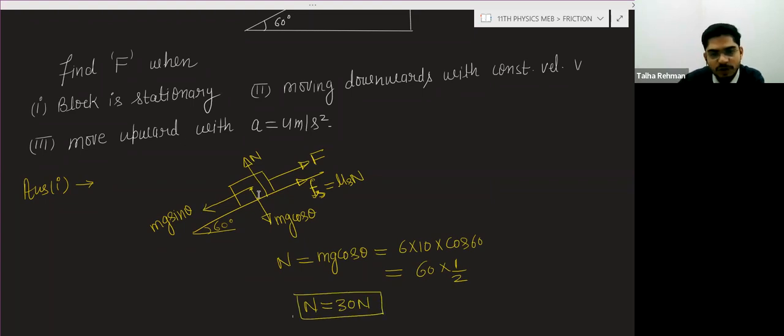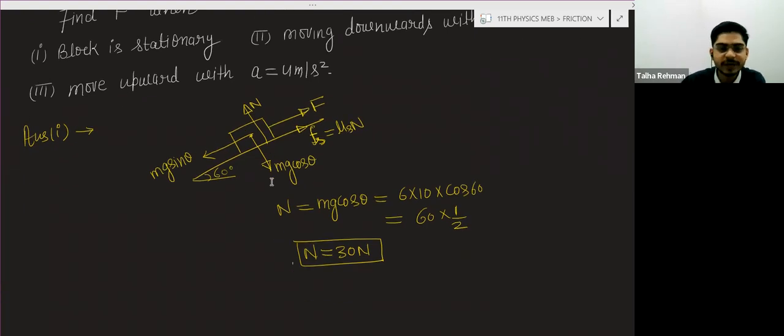Now this block is at rest, which means the net force on this block in this direction is also equal to 0. How will you calculate the net force? You can say mg sin theta, the force in this direction, is equal to the force in this direction.